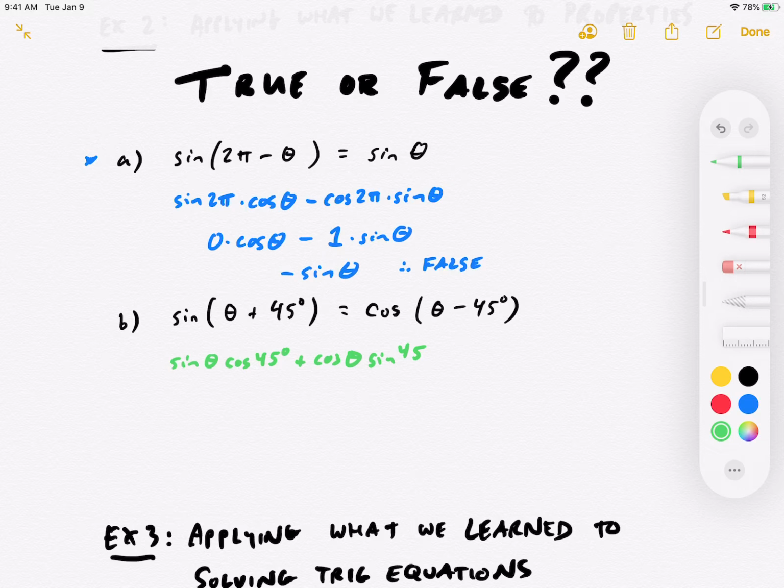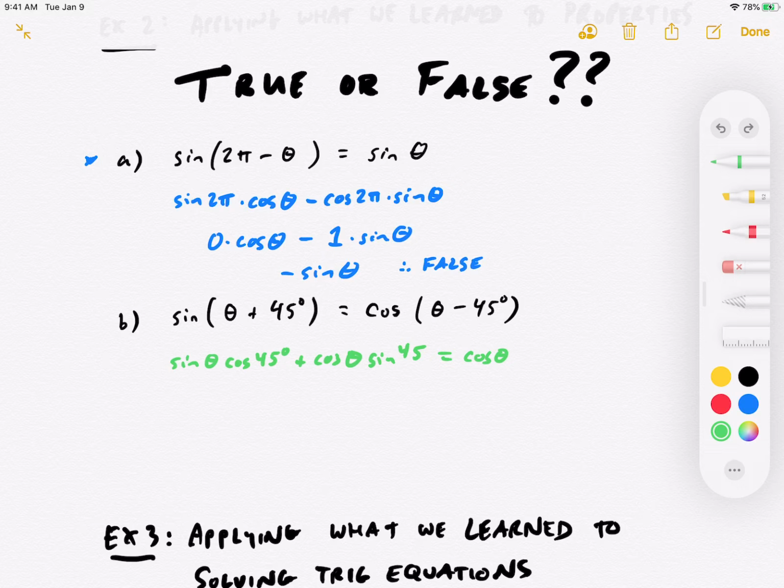That's the left-hand side. And I want to know, is that equal to the right-hand side? I'll apply cosine's difference identity here. So it would be cosine of the first times sine of the second plus sine, nope, I got the wrong identity here. As you can see, they're easy to mix up.